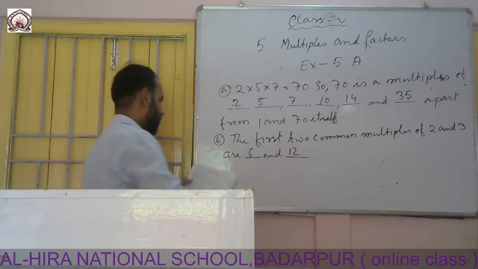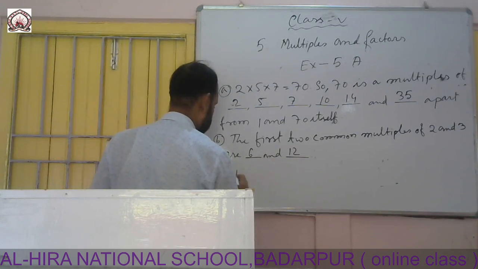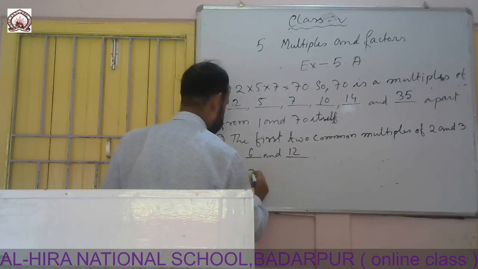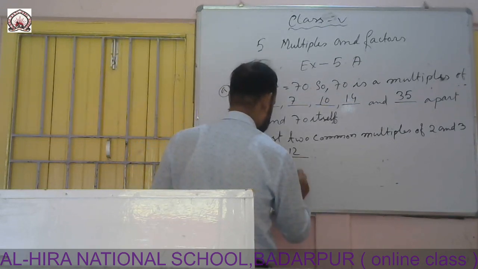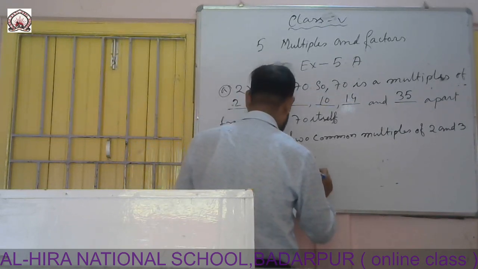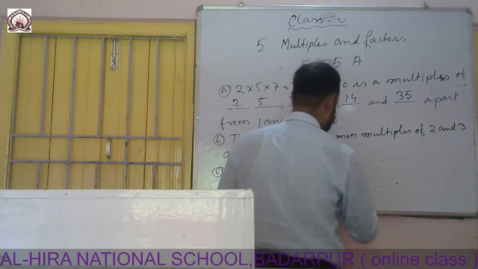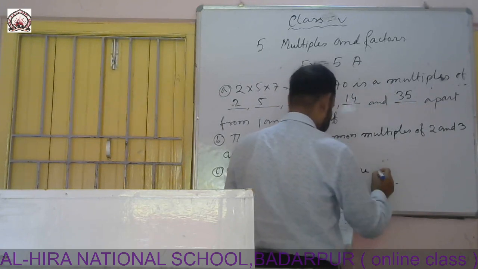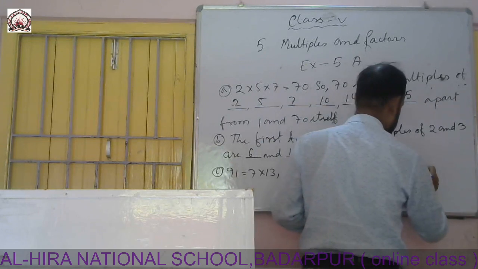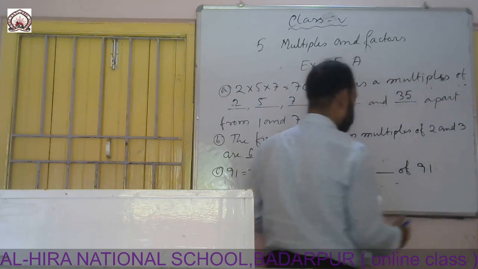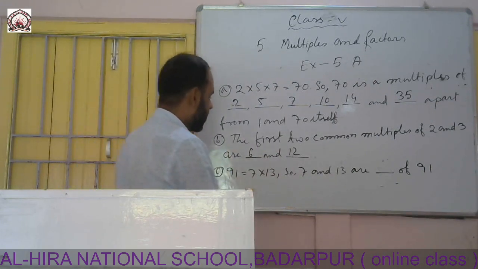Next, question number C. 91 equal to 7 into 13.